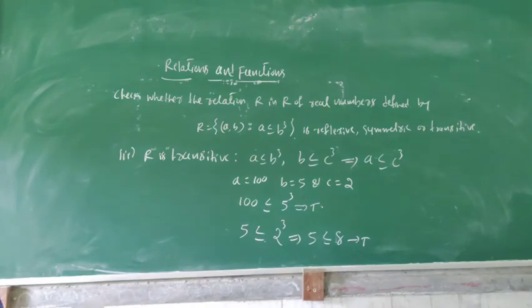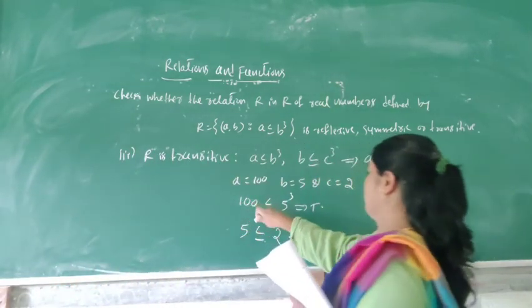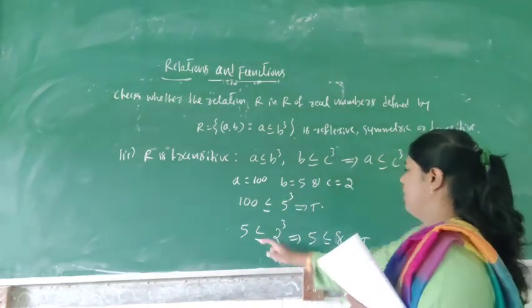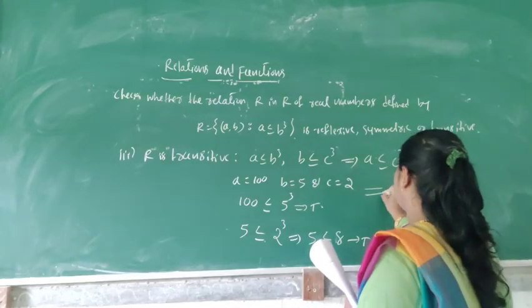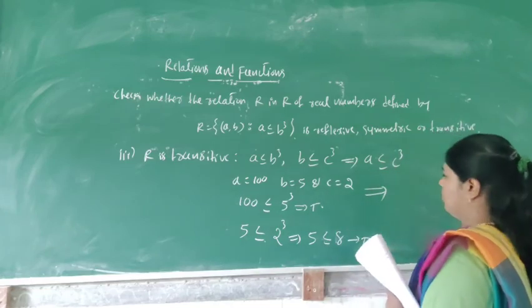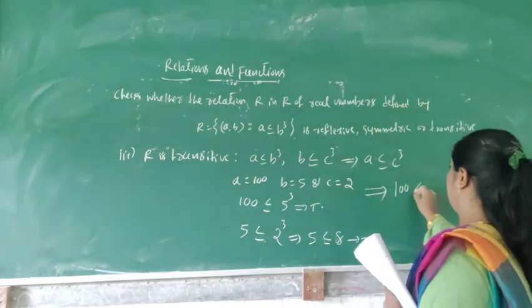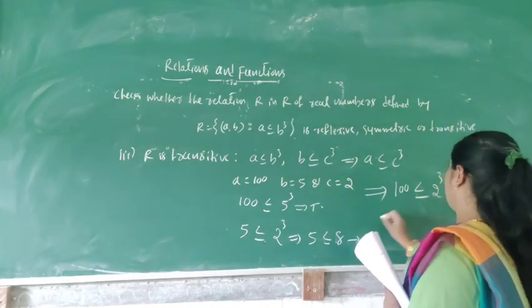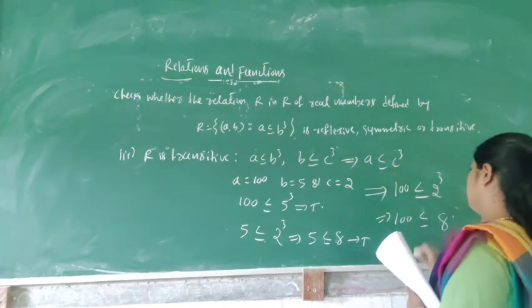These two conditions satisfy. What does it imply? A should also be less than or equal to C cube. 100 less than or equal to 2 cube, is 100 less than or equal to 8?